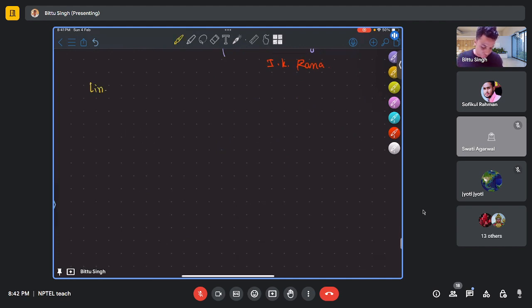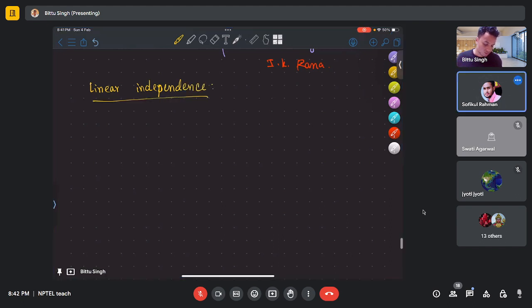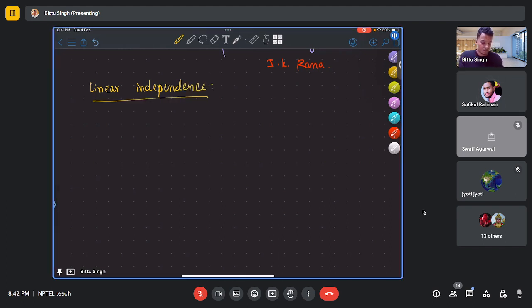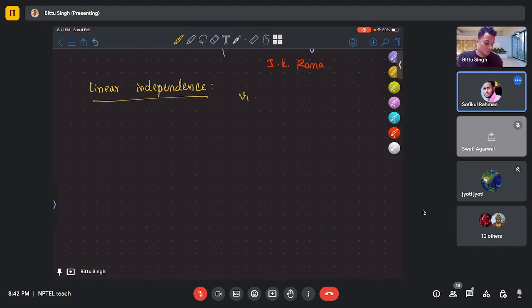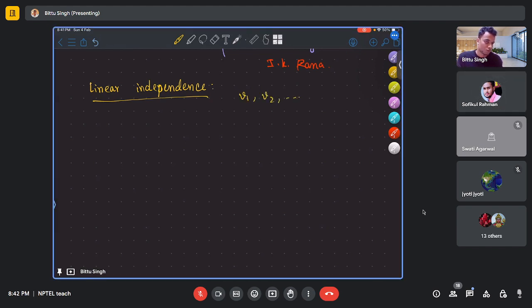So, what is the definition of linear independence? Suppose v1, v2 up to vn, n vectors belong to V. When will those vectors be said to be linearly independent?